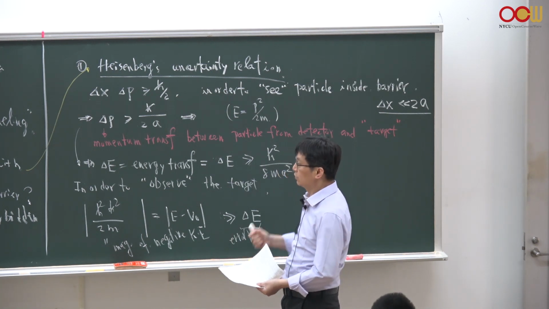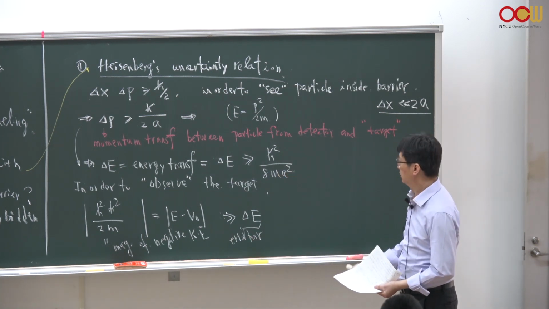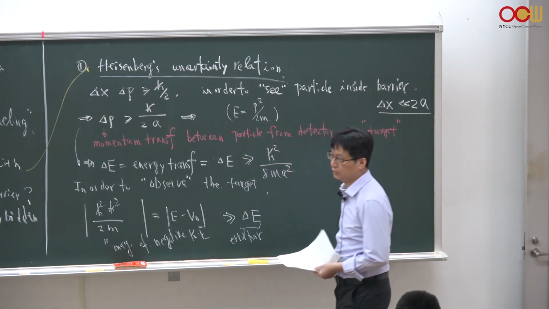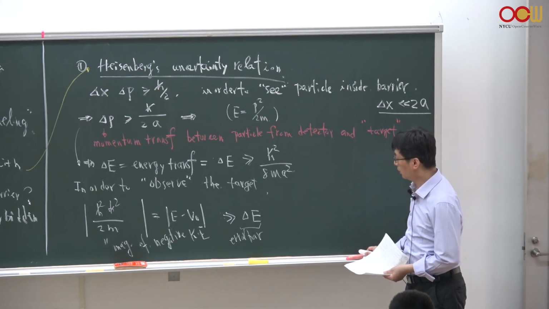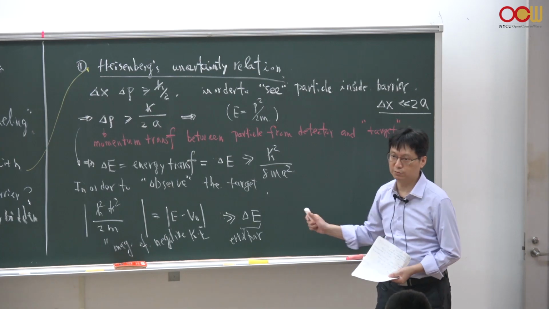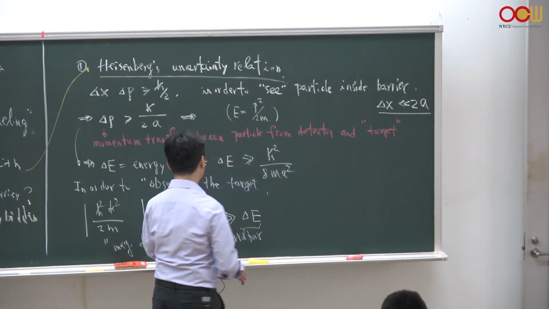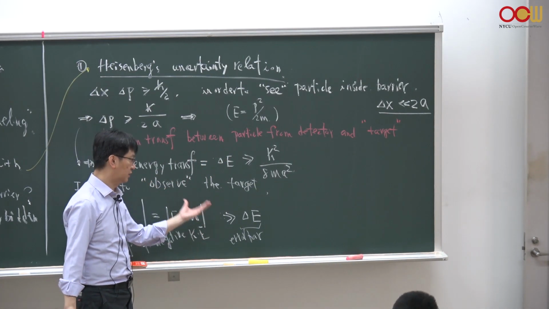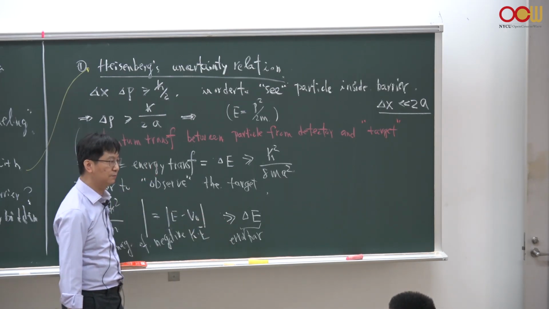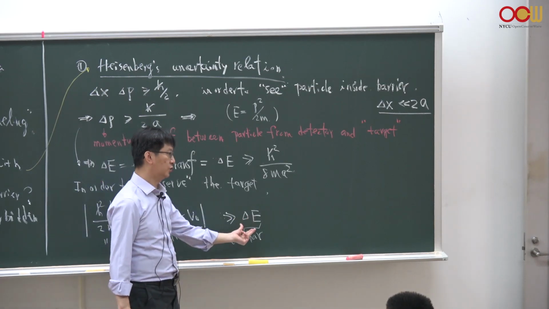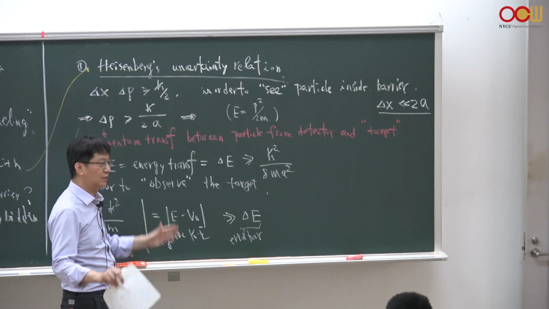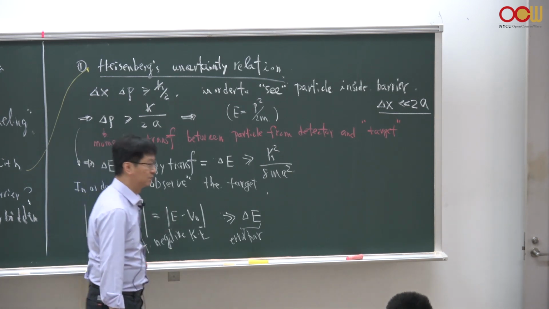Because the particle carries the negative energy. So if your detector is sensitive enough, it should resolve this magnitude of the negative energy, and therefore the error bar in energy should be very, very small. This is the condition under which you could very confidently say that there is a particle, because I know the energy of the particle, right? So the error bar for this energy should be much smaller than the magnitude of the energy that the particle carries.